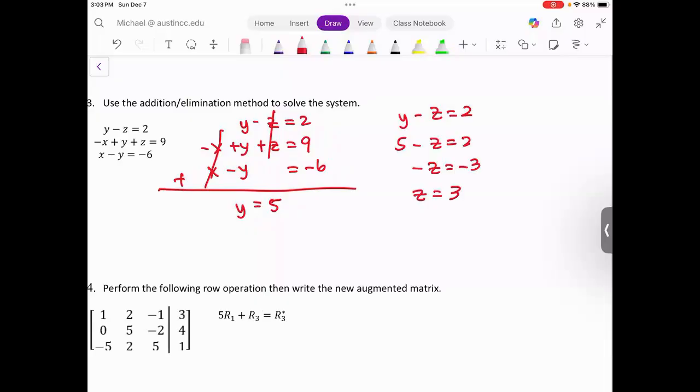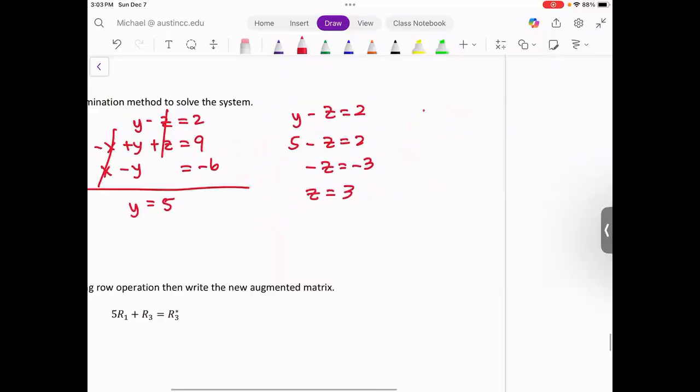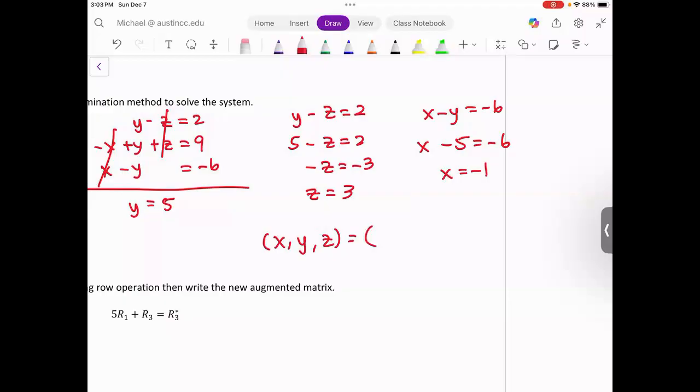And then we also have x minus y equals negative 6. So x minus 5 equals negative 6, or x equals negative 1. So our solution, xyz, is negative 1, 5, 3.